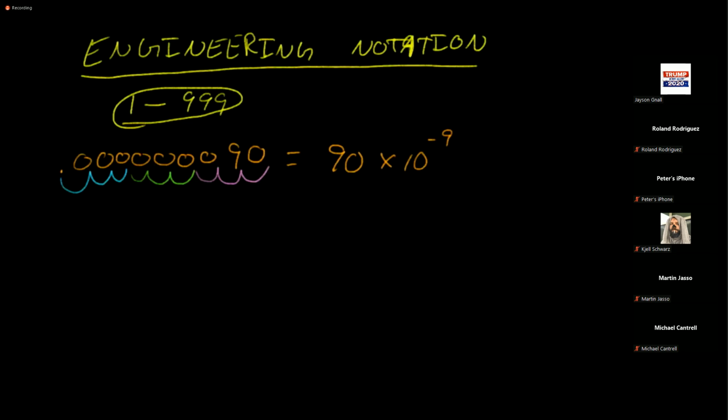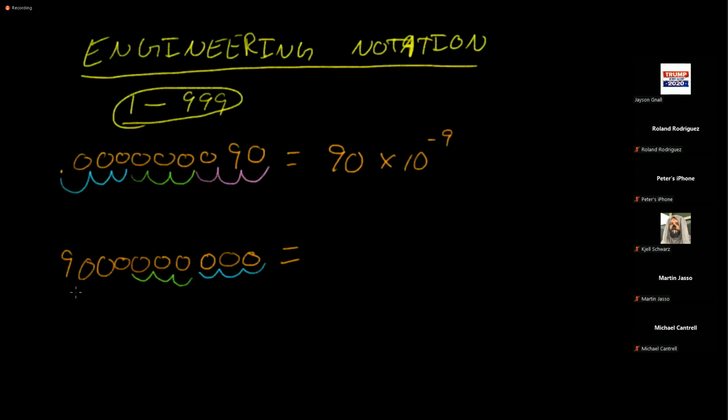Okay, now if we take a similar number, we go the other way. So maybe this time we have a whole bunch of zeros after the 9. So it's this big giant number here. Well, what does that equal? We're going to have to move our decimal again. We start here and move it in groups of 3. 1, 2, 3. That's not what we're looking for, so that's still much larger than 999. 1, 2, 3.